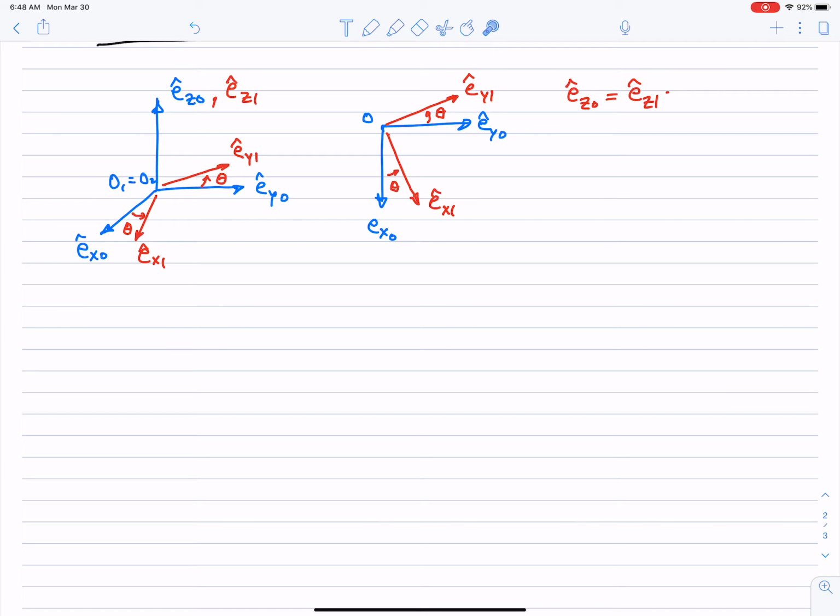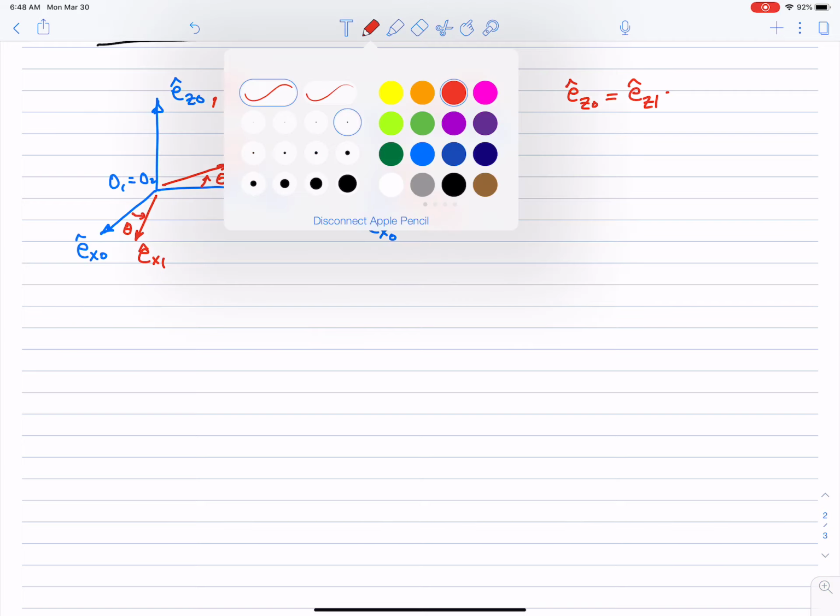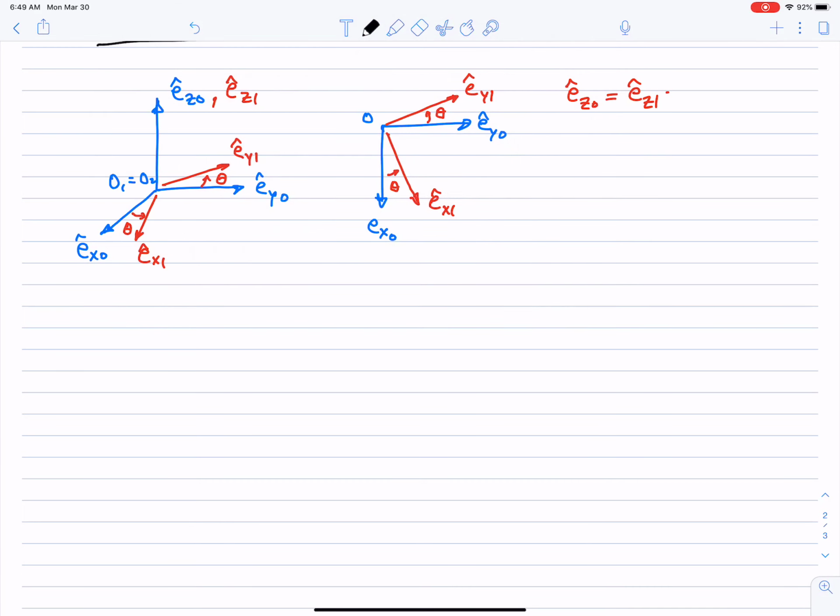So what is the mathematical relationship between the axes of reference frame 0 and reference frame 1?